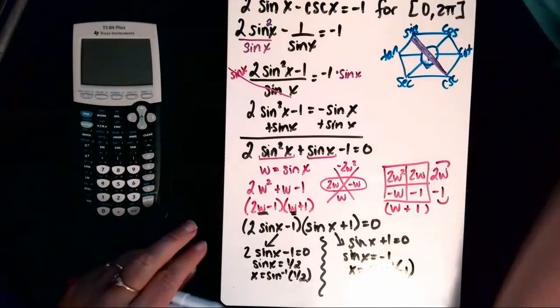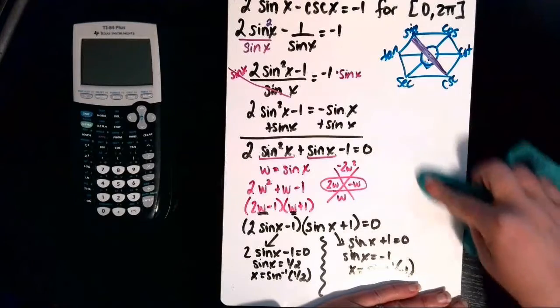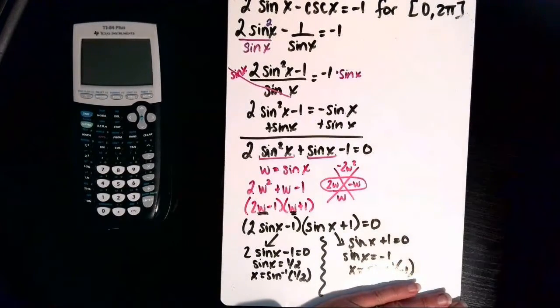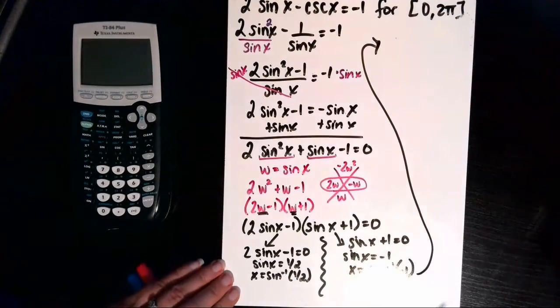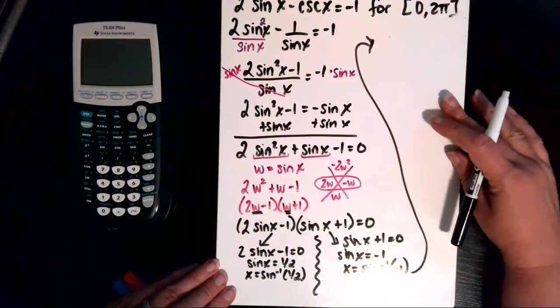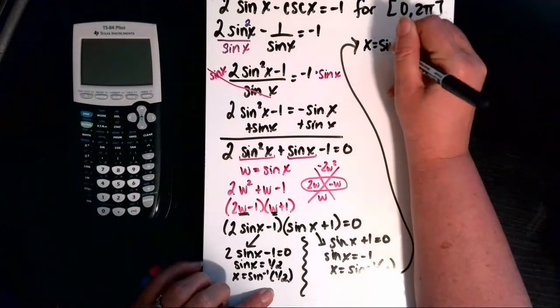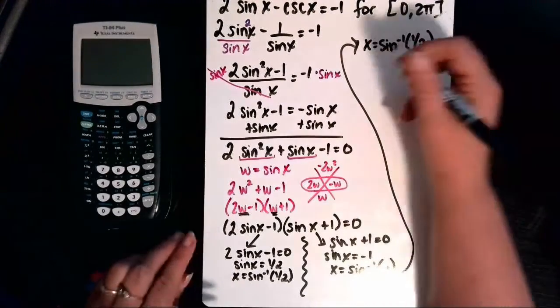So just to get some more room here so that we can see what our answers are going to be, I'm just going to journey our way up here. And for this first equation, arcsine of positive 1/2.